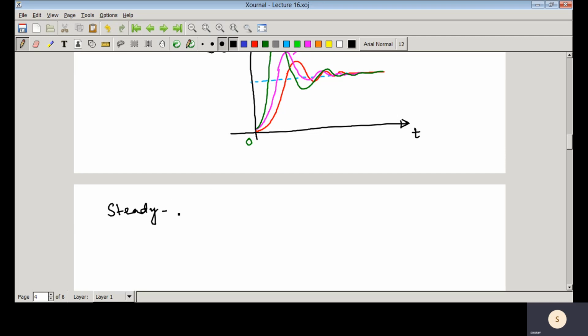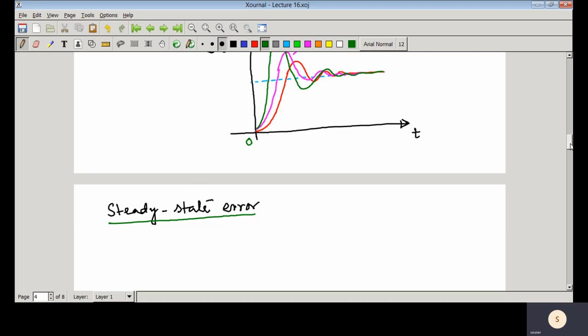So if there is a difference between the observed output and the command signal, that term is known as the steady state error.